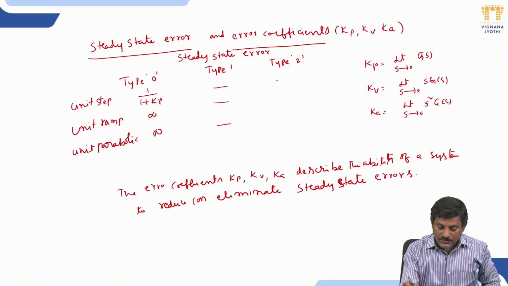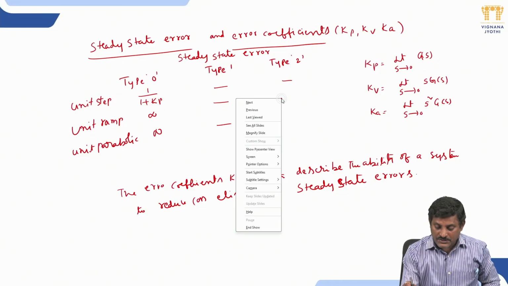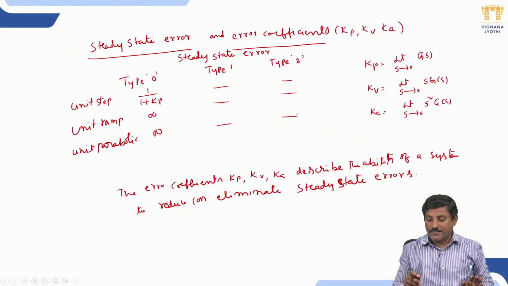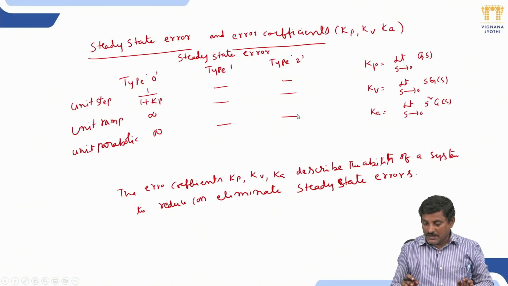After that, unit step input for a type 2 system steady state error, unit ramp input for a type 2 system steady state error, and again unit parabolic for a type 2 system steady state error. You have to complete and understand the whole steady state error analysis of the system.